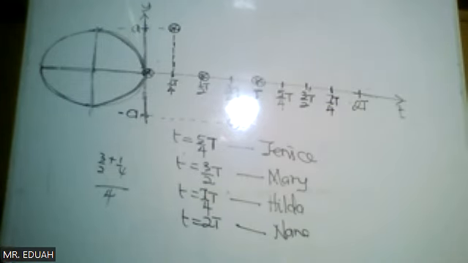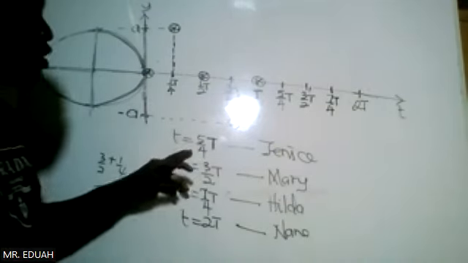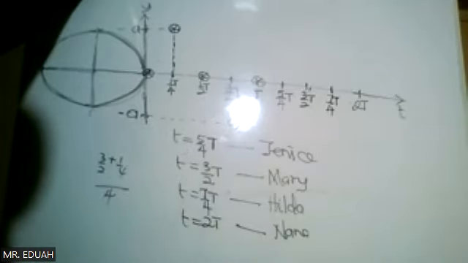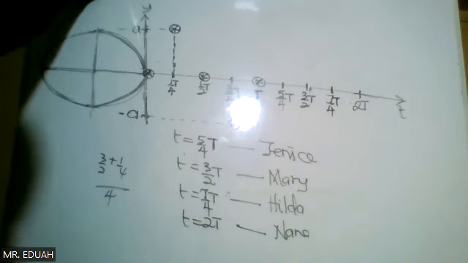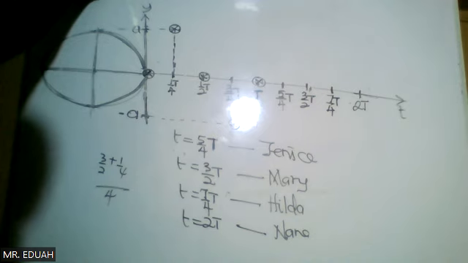Janice, are you through with yours? What did you get? At t is equal to 5/4 of the period, y is equal to 3/2? No. Look at it again.